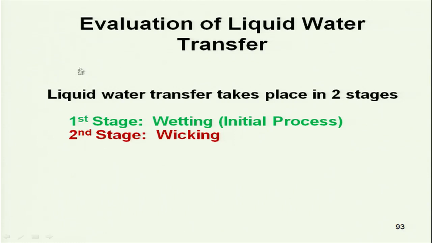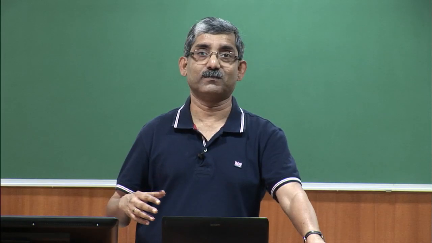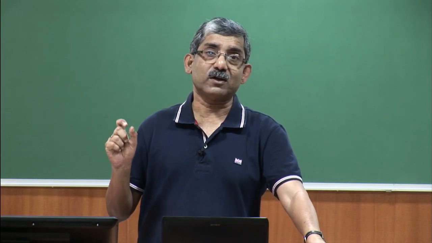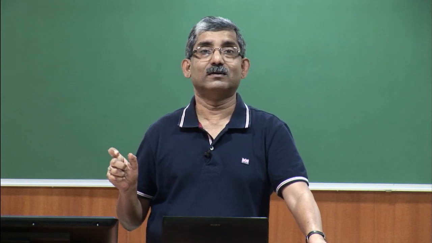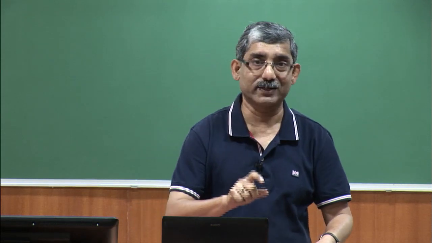Liquid transmission takes place in two stages. The first stage is wetting and the second stage is wicking, that is the actual transmission. The transmission of liquid takes place only if the fabric is wetted.